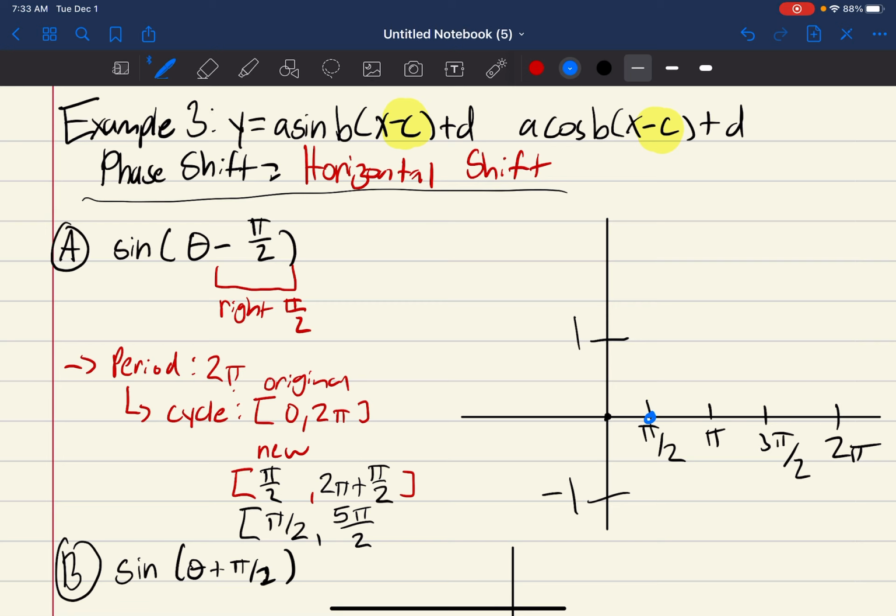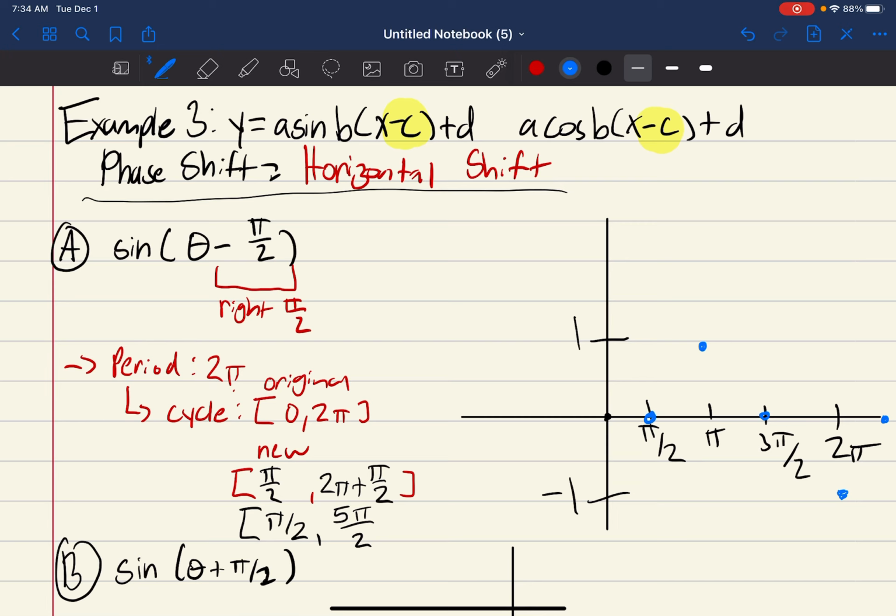And then we change it to how the graph would have originally looked for sine, which I kind of messed up, but just remember there should be something right here, which is going to be 5 pi over 2.